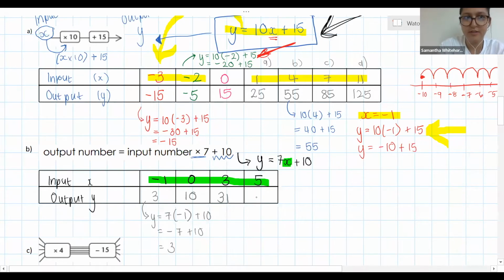Good. Plus 10 is equal to 45. Excellent. Well done. So guys, 7 times 5, exactly as we said, is 35, and 35 plus 10 gives me 45. So those are my corresponding outputs.